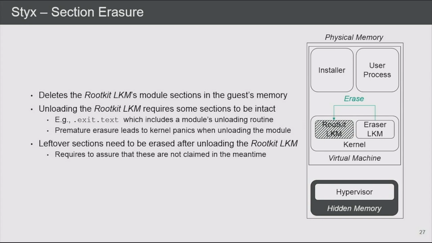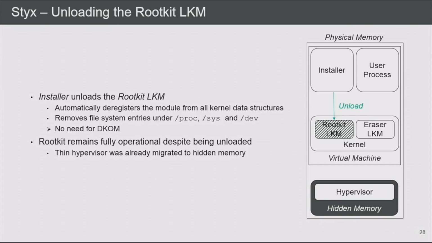In order to get rid of all traces, we will simply try to erase those after we have unloaded the Rootkit LKM, but then we have to absolutely assure that these sections are not claimed by other kernel modules in the meantime, as we would obviously crash them otherwise.